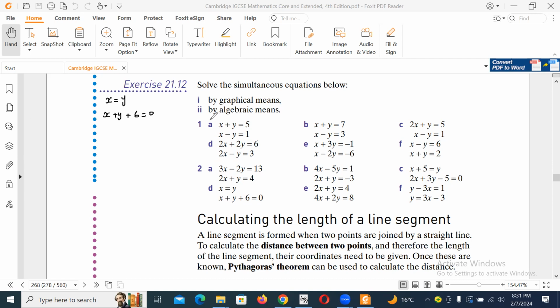So I will check two methods. One is by graphical means, and second by algebraic. So let's see these two methods on the graph paper as well.